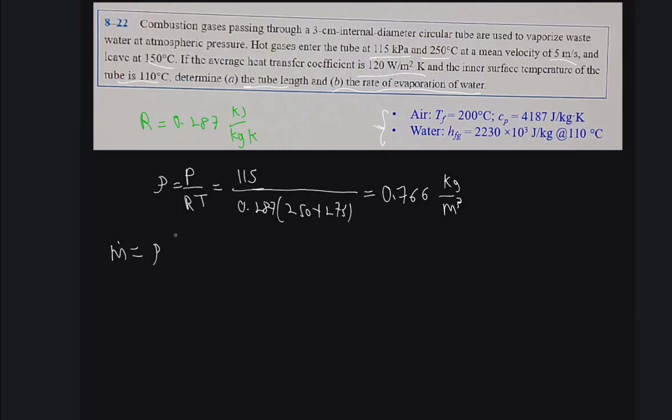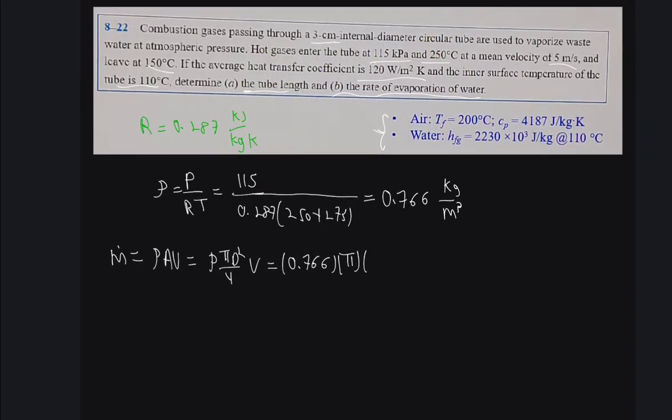So that is rho AV, density times pi d squared over 4 times V, so that's 0.766 times pi times D. D is 3 centimeters up here, so 0.03 squared over 4 times V. V is given, that is 5 meters per second up here.